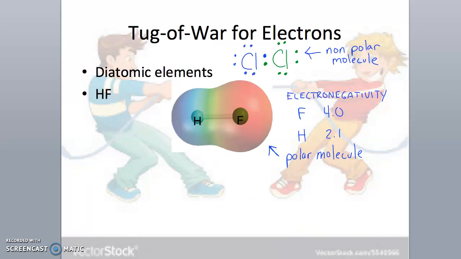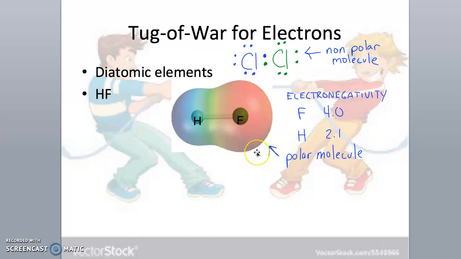When we have a molecule or even a bond, the electrons are being pulled on by the elements depending on their electronegativity. So if we had a really high electronegativity, like fluorine does at 4.0, bonded to a hydrogen that has an electronegativity of 2.1, this heat map shows where the electrons exist, and they're closer to the fluorine.